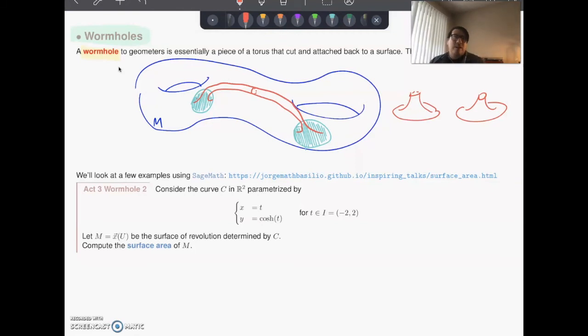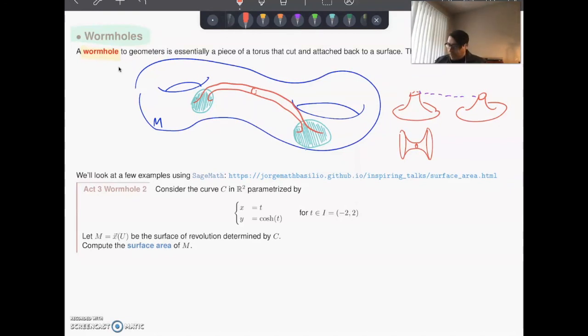And part of my dissertation, what I needed to do was modify the known constructions so that they can be very, very short. If you imagine attaching these two wormholes together, what do you get? You get something that looks like a little piece of a surface of revolution. That's why the wormholes naturally enter into surfaces of revolution for us.